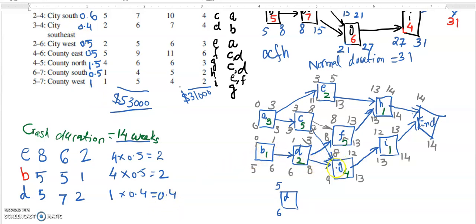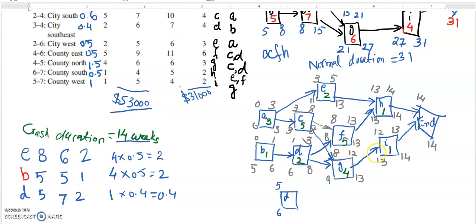Okay, so what other activity is left? Yes, this activity G, and then I. Okay, G and I. From G and I we can see that G is $1.5 per week and I is 1 per week. And G and I are also in a series, so that means their slack of 1 is also shared, just like B and D's slack was shared.